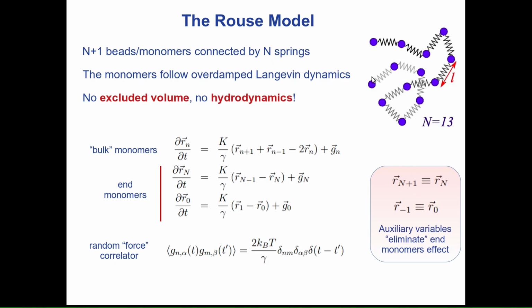This is fictitious in the sense that I let it overlap, so it's not a dynamic variable that can stretch and so on. These last beads are just overlapping. In this way, because these two springs that I'm adding are actually not stretched, I can use only one type of equation also for monomer 0 and monomer N, when I add these new variables. So let's do some simplification.